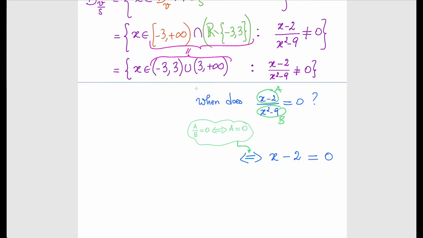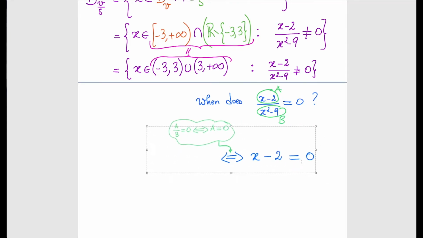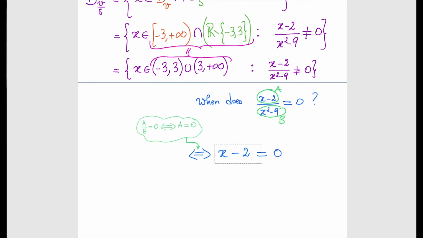So these are the same questions. So this question and this question are the same. So when does x minus 2 equal 0? Because of this property, asking this blue question and asking this other blue question, it's the same thing. We're trying to find the same guys.